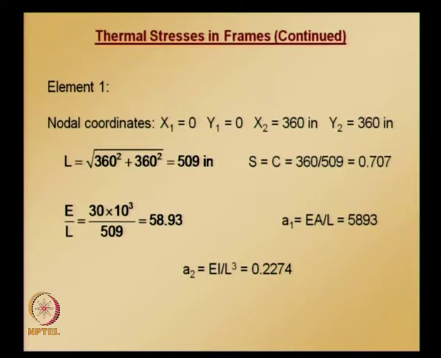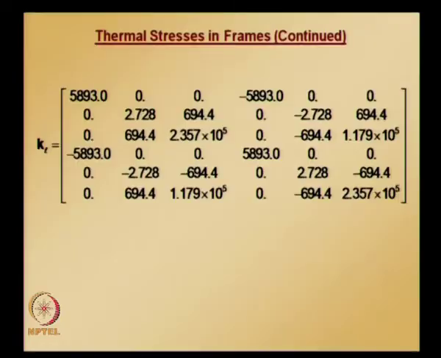So, these are the coefficients that are required for calculating the element stiffness matrix in the local coordinate system. So, using these values we can calculate the transformation matrix, and we can also calculate the stiffness matrix in the local coordinate system.